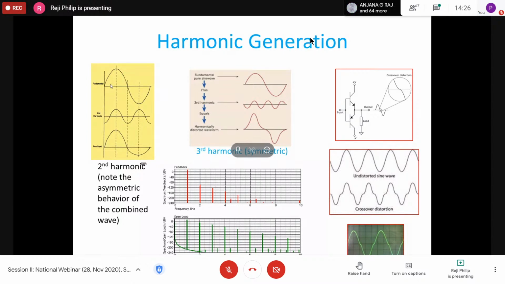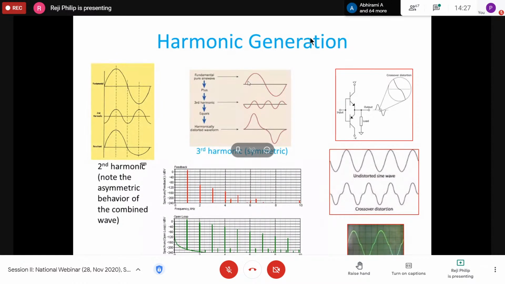If that is the case, what will your polarization be like? Your polarization will be the sum of both. So you have to sum this with this, and you immediately see that this is the resultant polarization in your system. And obviously this is not symmetric, because here there is more and here there is less. So the combined wave is asymmetric.